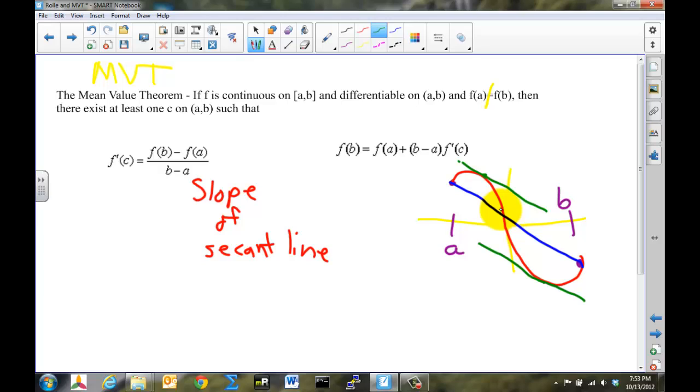And if you go back and look at that FRQ I mentioned earlier, you actually did this process in that FRQ. You had to find this slope and then find the point such that this line was parallel to this line. That's exactly what we did. You used the mean value theorem to do that, even though you didn't know that it existed at that time. So you're going to use the mean value theorem and Rolle's theorem quite often and not even realize you use them.